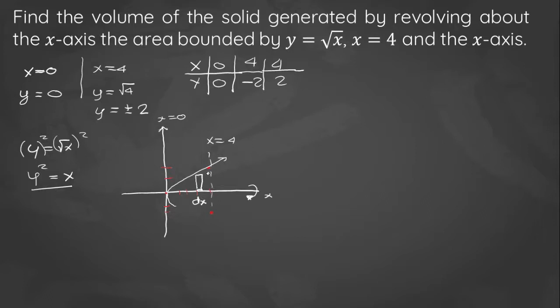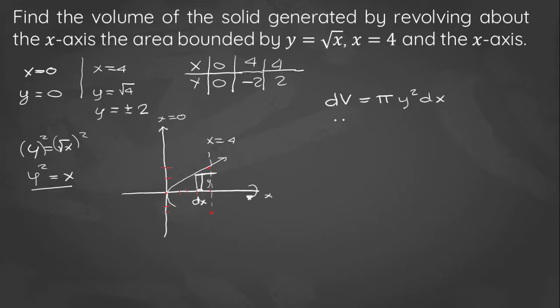Then our length here is our y. From the formula, we can create a differential volume, that is dV is equal to pi y squared dx. Now, we must express the y squared as a function of x, since our differential volume is in terms of x.